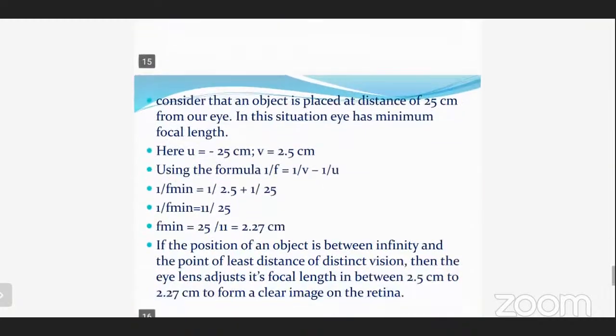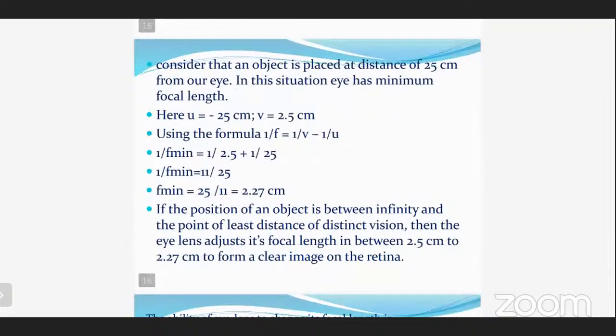For the minimum, the object is placed at a distance of 25 centimeter from our eye. Why have we taken 25 centimeter? Because the least distance of distinct vision is 25 centimeter. Understand? So that's why we have taken 25 centimeter.